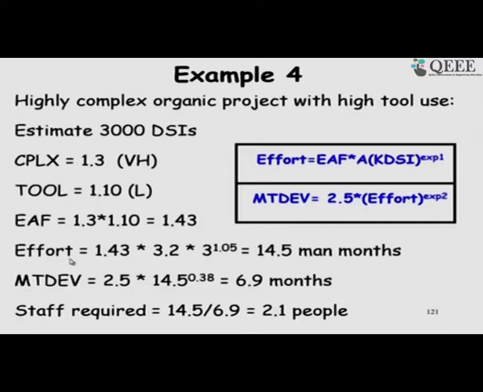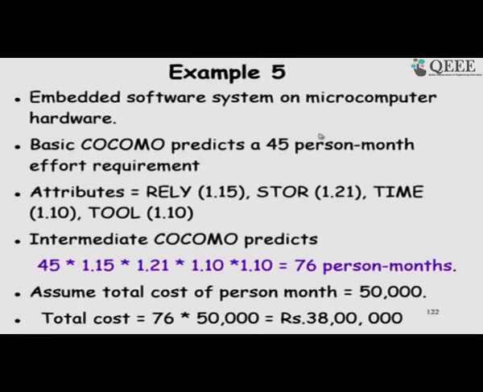So, again we compute the effort here and development time here, and then we compute the values. Please try this out. One more example, embedded software, and then we have considered the different effort adjustment factors, reliability, storage, time constraint, tool usage, etc.